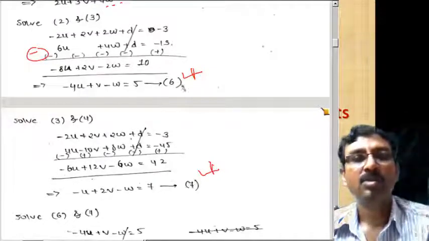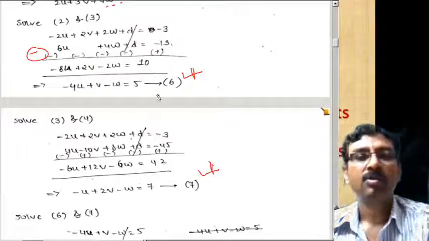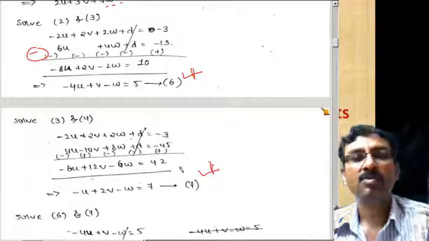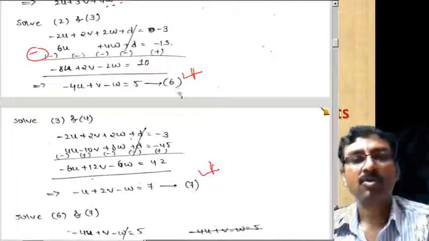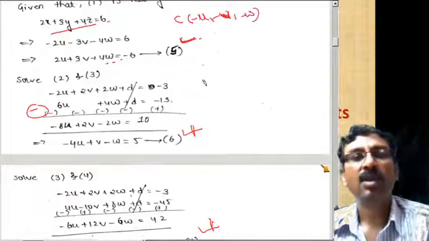We have the new equations 6 and 7, and in these equations we don't have d, only u, v, w terms are present. So here u, v, w, 3 variables are there. We need 3 equations to solve the 3 variables. So here we have 2 equations, 6 and 7, and this is the 5th equation.